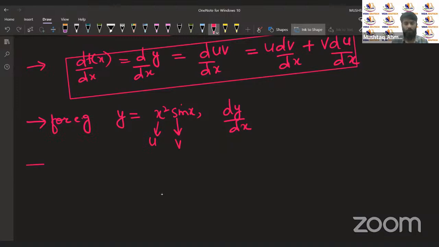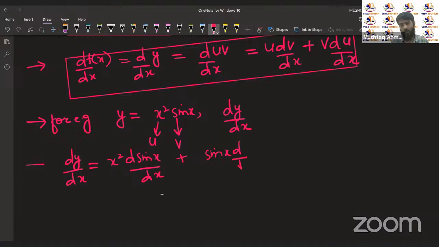Using the product rule. So our product rule says take the derivative of one function and keep the other function outside the derivative, that is d by dx of x square, times sine x, plus sine x times the derivative of x square.